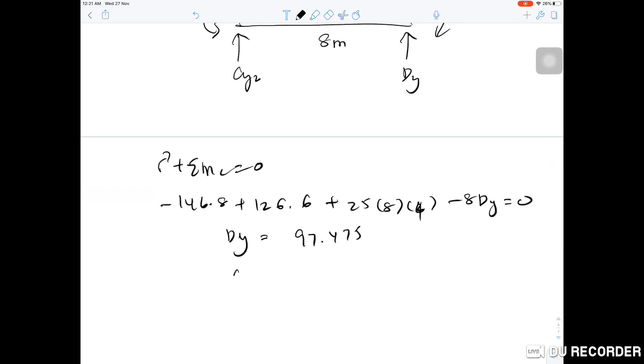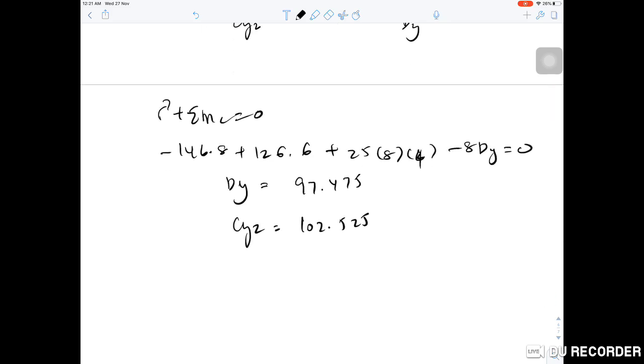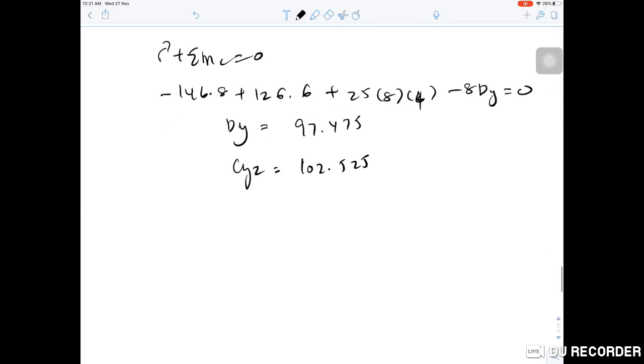Okay, so CY2 is 25 times 8, which is the force, minus 97.475. It is 102.525. So this is the shear value for member CD.